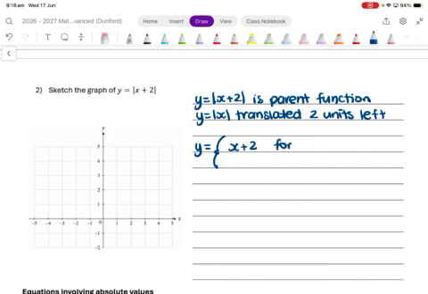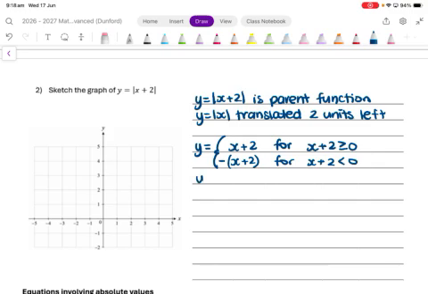To work out what it's for, we use x plus 2, because x plus 2 is all inside our absolute value, is greater than or equal to 0. And then we have our negative version. So we will have negative lots of x plus 2 for x plus 2 less than 0, is how we write it as a piecewise function.